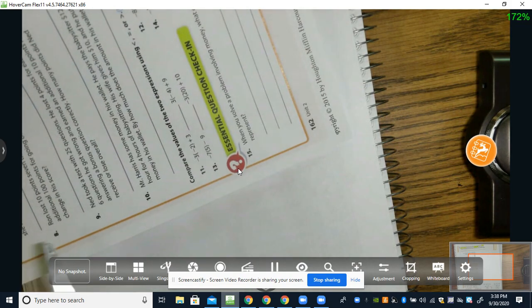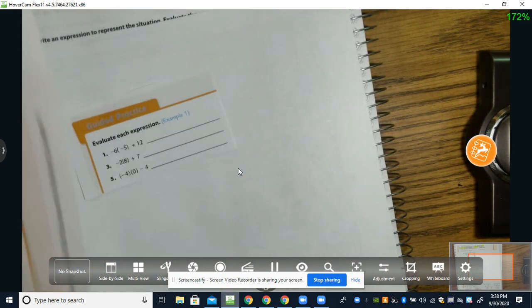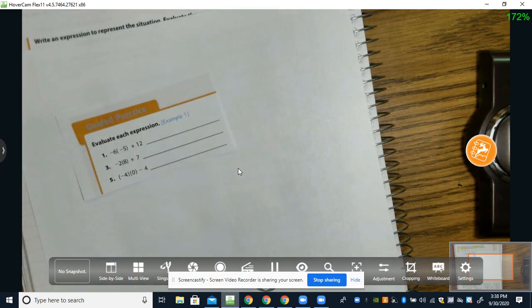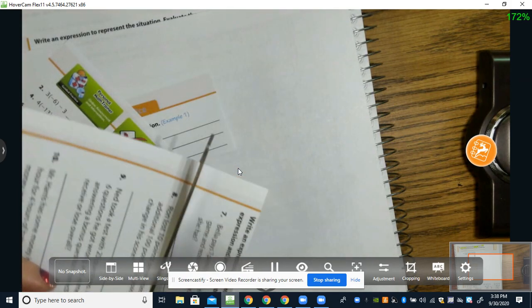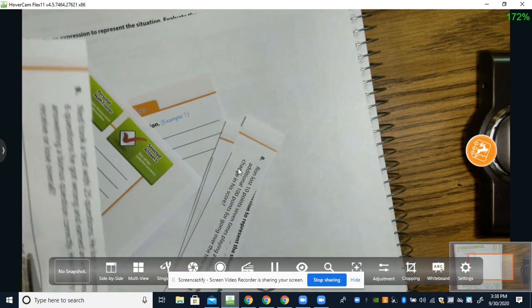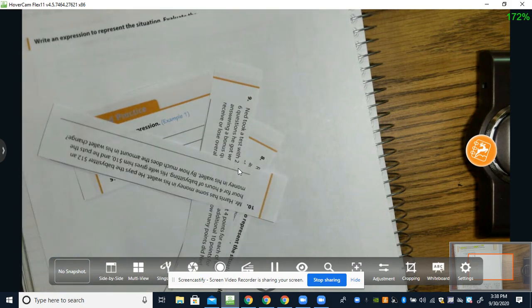You're going to cut out 7, 8, 9, and 10. So all of these word problems you're going to cut out. And then you're going to stack them so that we can glue them. Okay, they're stacked over there.